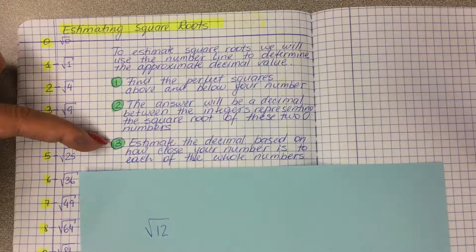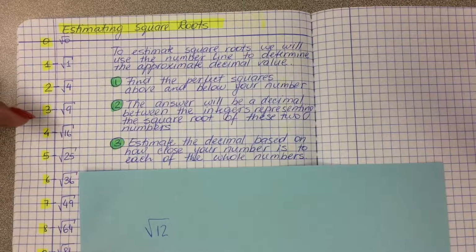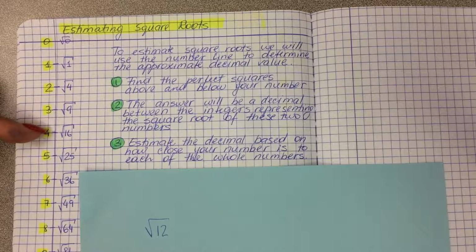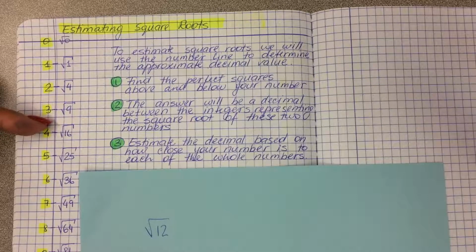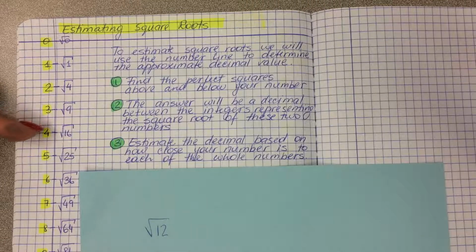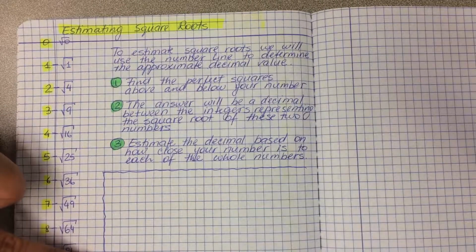Step 3: we are going to estimate the decimal based on how close the number is to each of the whole numbers. In other words, is it closer to 3 or closer to 4? We are going to find a good decimal based on how close your number is to each of those whole numbers. Let's see this example.